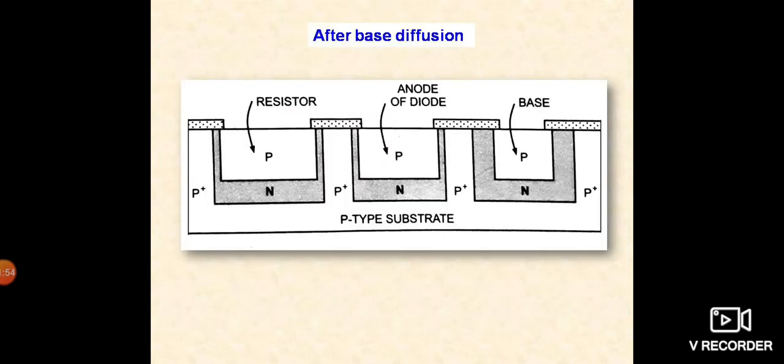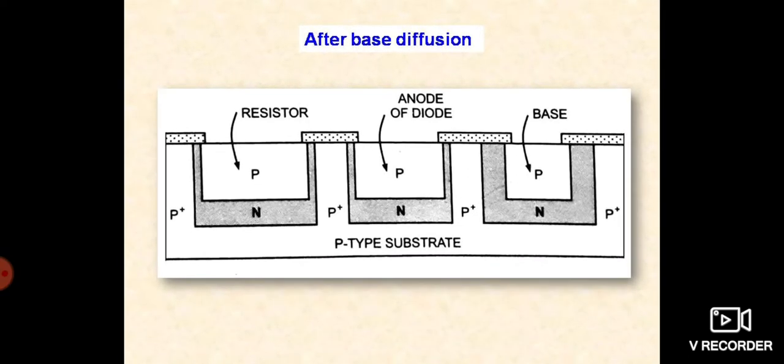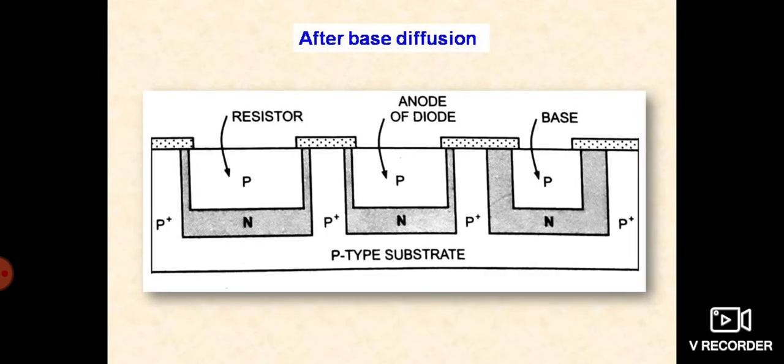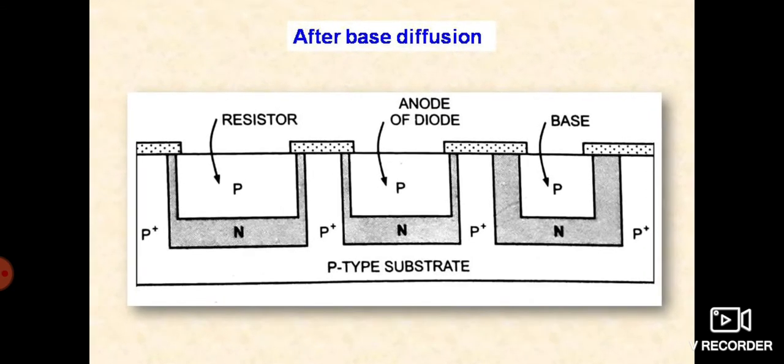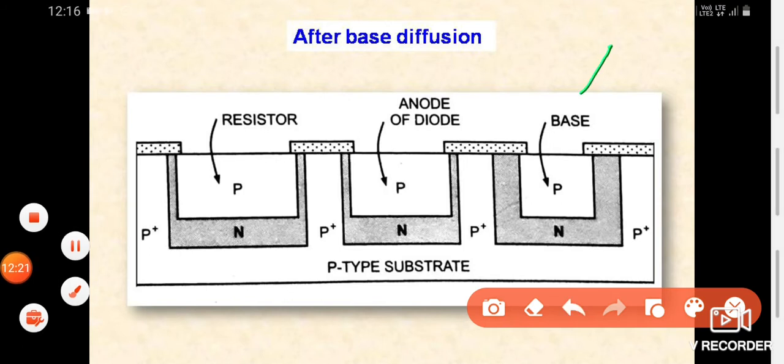This is the figure where you can see the wafer after base diffusion. That is, the p-type regions are formed by diffusing boron into the n-type isolation islands. You can see from the right side the base of the transistor is formed.